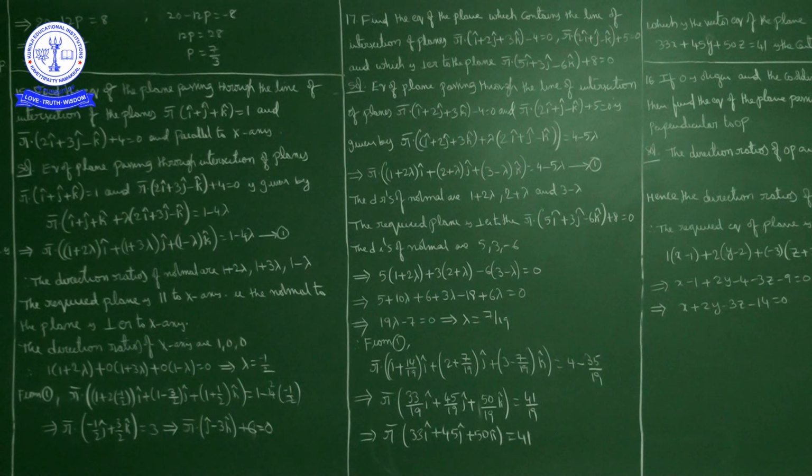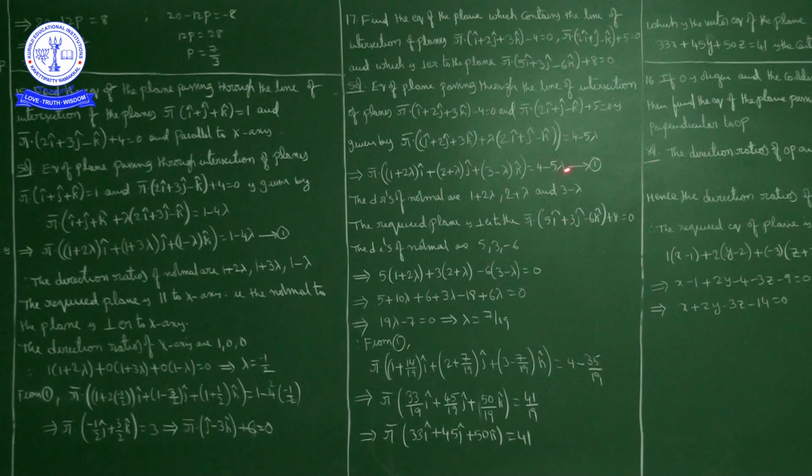Okay, now if we simplify this plane equation, what we can write, r bar dot product with here I cap, here 2 lambda I cap, so 1 plus 2 lambda I cap. Okay, now 2j cap plus lambda j cap, nothing but 2 plus lambda j cap plus 3k cap minus lambda k cap, nothing but 3 minus lambda k cap is equal to 4 minus 5 lambda. Okay, I'll mark this one as 1.